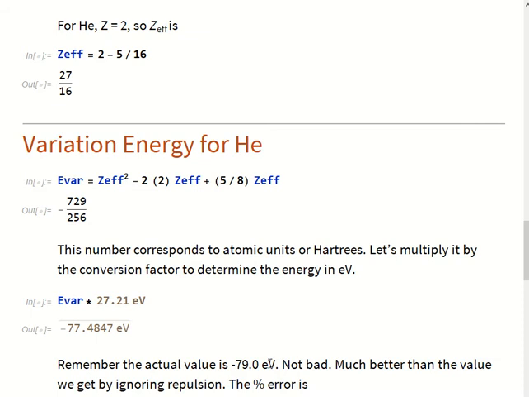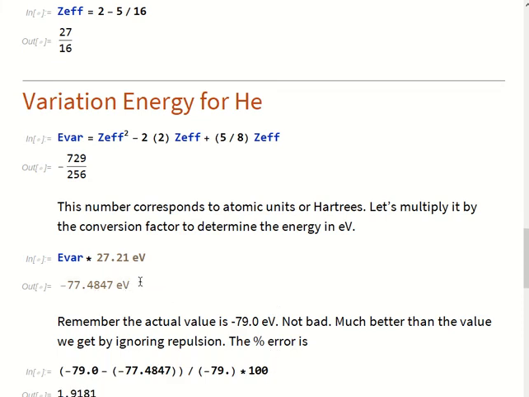The actual experimental value for the energy is negative 79, so clearly the negative 77.48 that we calculated here is much closer to the real experimental energy than was the case for ignoring repulsion. And of course that shouldn't be surprising. The reality is that ignoring repulsion is a very bad approximation method. The positive repulsion energy has a significant impact on the overall energy of the system.